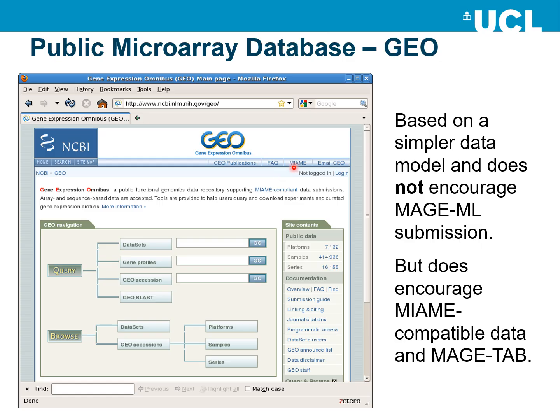They adopted MIAME as a standard, but then they weren't too keen on the MAGE-OM standard, or the MAGE-ML markup language, because they found it was too complicated. So they actually adopted the MAGE-Tab standard.